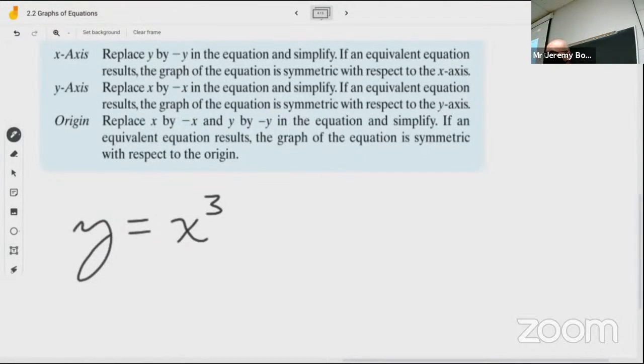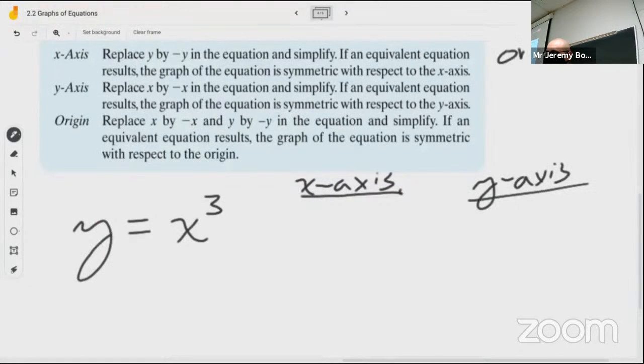Let's don't want to do all three. No, why not? Let's do origin. I don't know if this is going to give me enough room, but we'll see what happens. Okay, erase that.